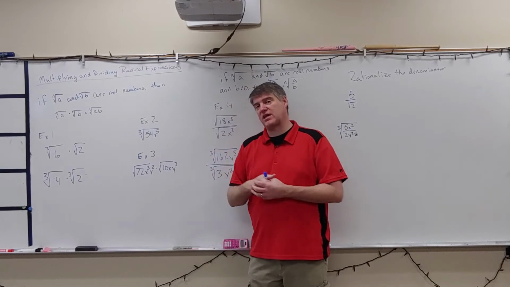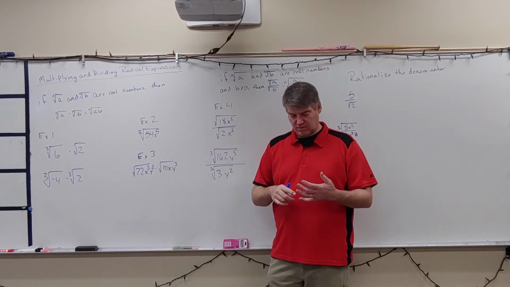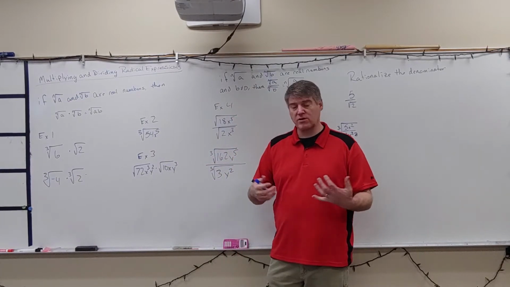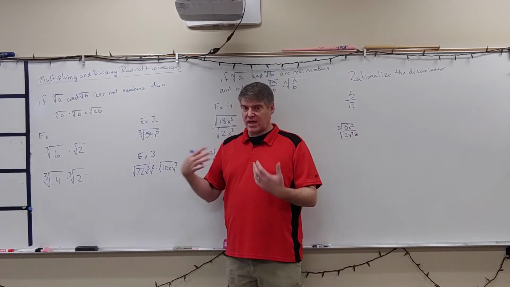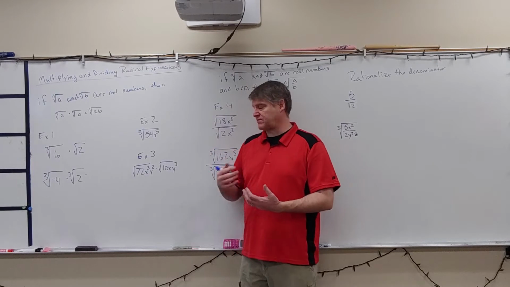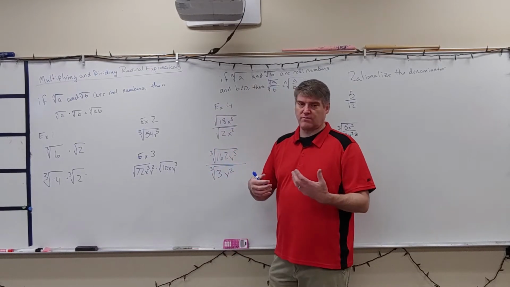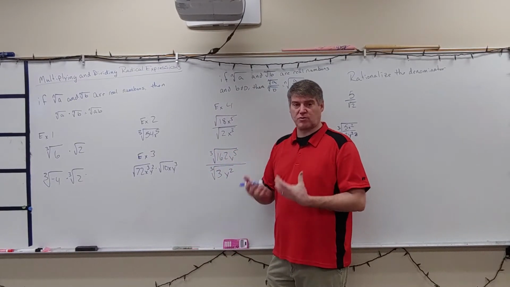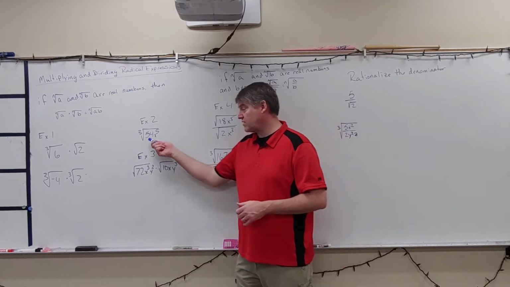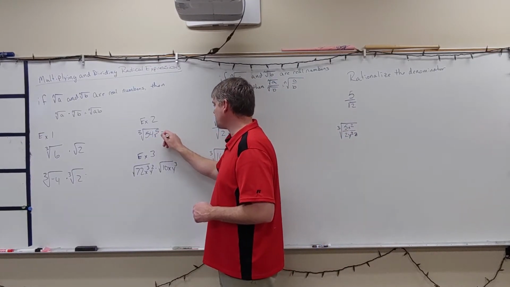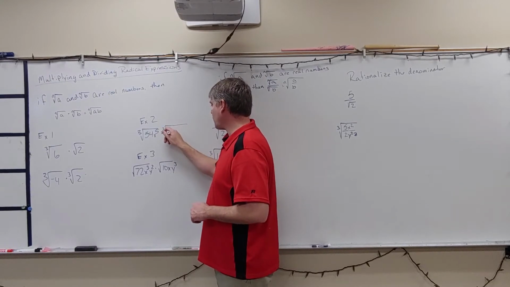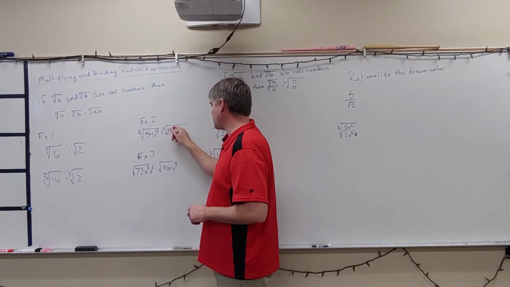So I need to understand what values I know the cube root of. I know the cube root of 8 is 2. We just looked at that. Well, 8 is not a factor of 54, so I'm going to go to the next one. The next cube root I know is 27. Look at that, 27 is a factor of it. So I'm going to break up 54 into 27 times 2.